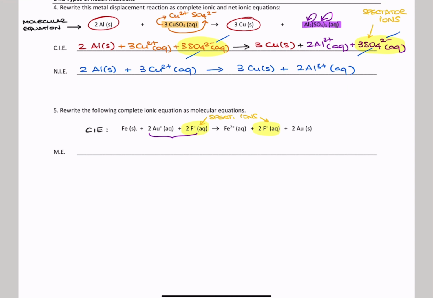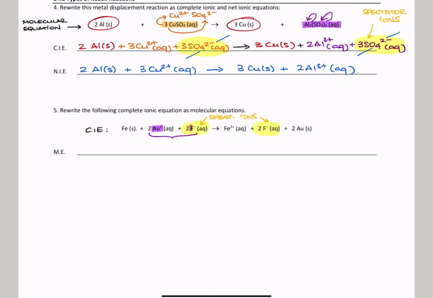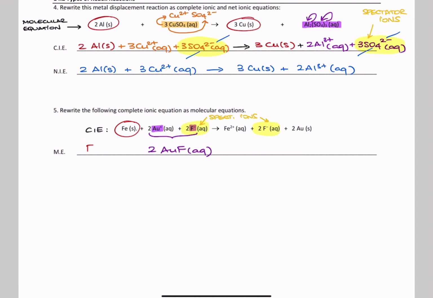So what I have here is the combination between Au+ and F-, so it's AuF and it's in the aqueous state, and I have two of them. Here, my iron solid was already there. And what am I forming?